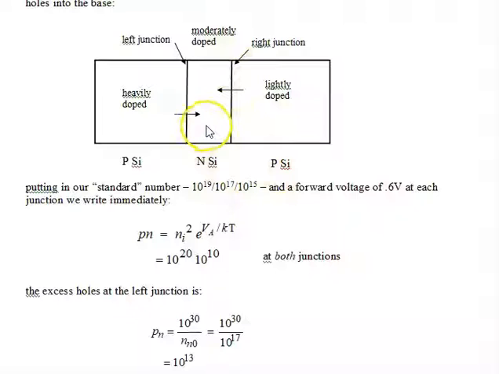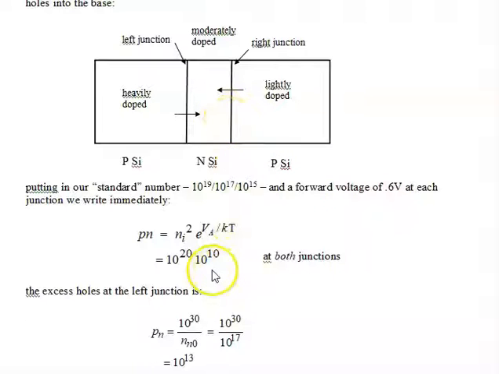The number of minority holes in the base at each junction only depends on the doping in the base and the forward bias. So suppose now I keep this really lightly doped, 10 to the 13th, and I up the forward bias at this junction to about 1 volt.